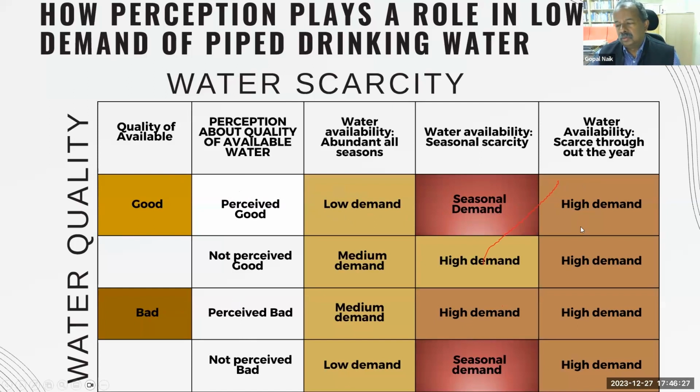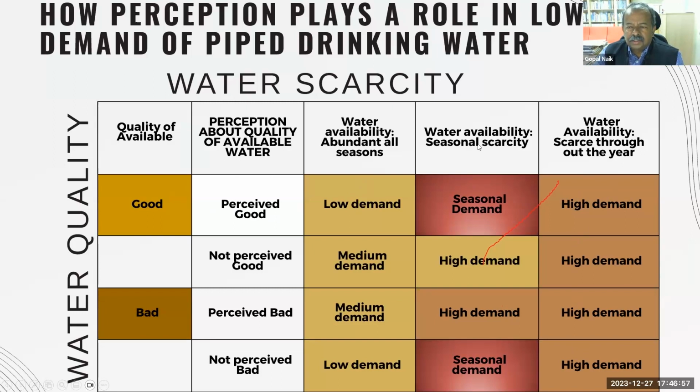So for example, let's say water scarce regions. In a water scarce region, in all conditions, we will see that there is a high demand for tap water, the piped water. You can also see that, let us say, if the quality available is good and it is perceived as good, and water is available, then there will be very low demand.